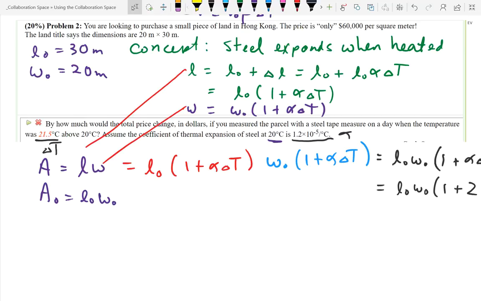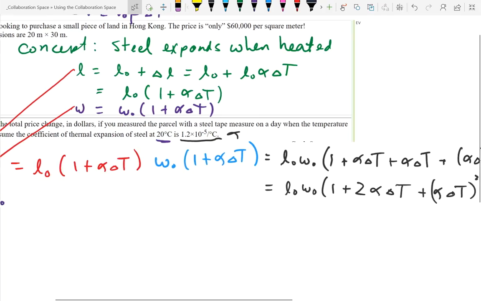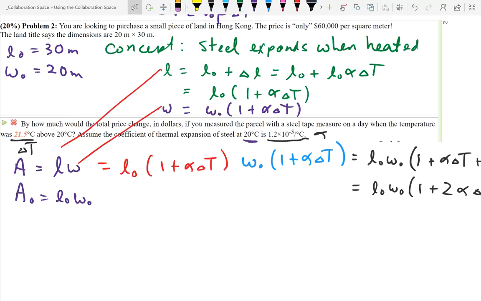And somebody else with a calculator, I'm going to ask Noah because I see she has her calculator. I really appreciate those of you who are following along with your calculators, by the way. Calculate what alpha delta T squared is. So just put 1.2 times 10 to the minus 5th times 21.5, and then after you have that, square the whole thing.